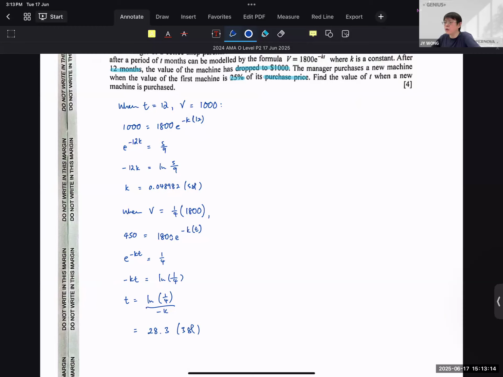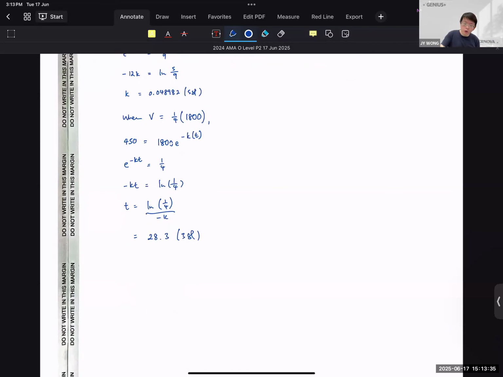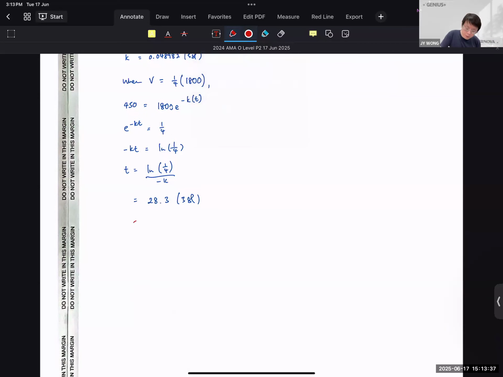I will actually round off the value, because T is the number of months, right? If you think about it logically, it crossed this threshold somewhere between the 28th month and the 29th month, so I would round it off to 29. That means on the 29th month, I will change the machine.